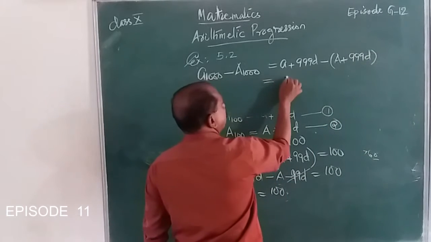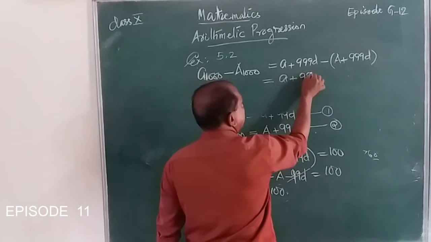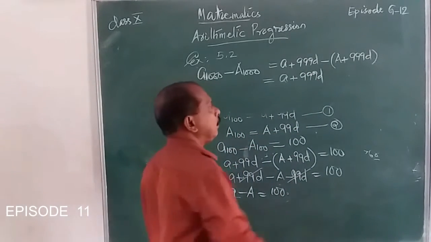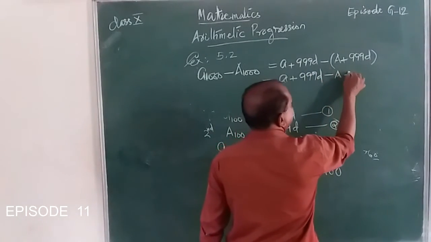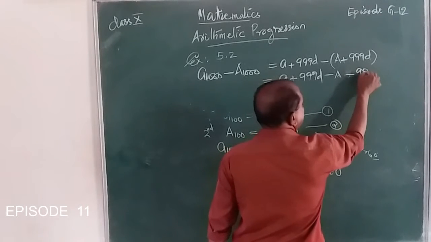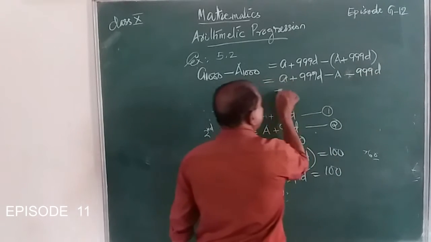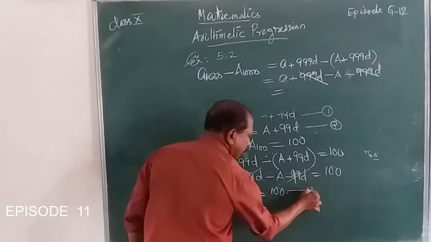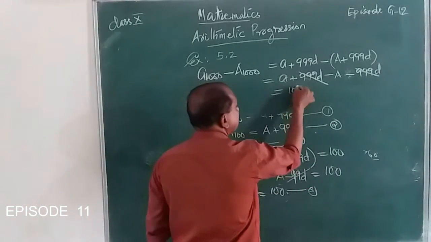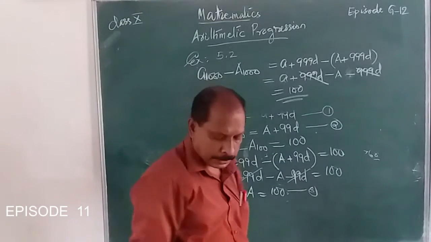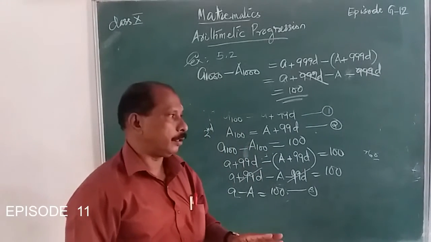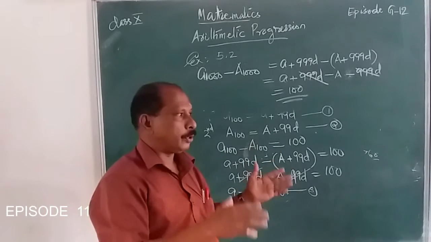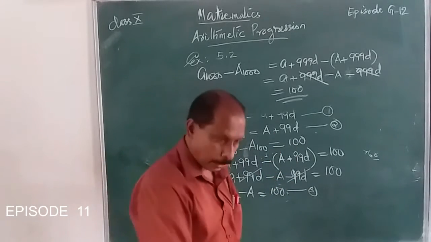The 999d terms cancel. What is a minus capital A? It is given, that is the third equation: 100. Therefore, the difference between the 100th terms is 100. Similarly, the difference between the 1000th terms is also 100. The difference between the 2000th terms is also 100. That means they are the same.